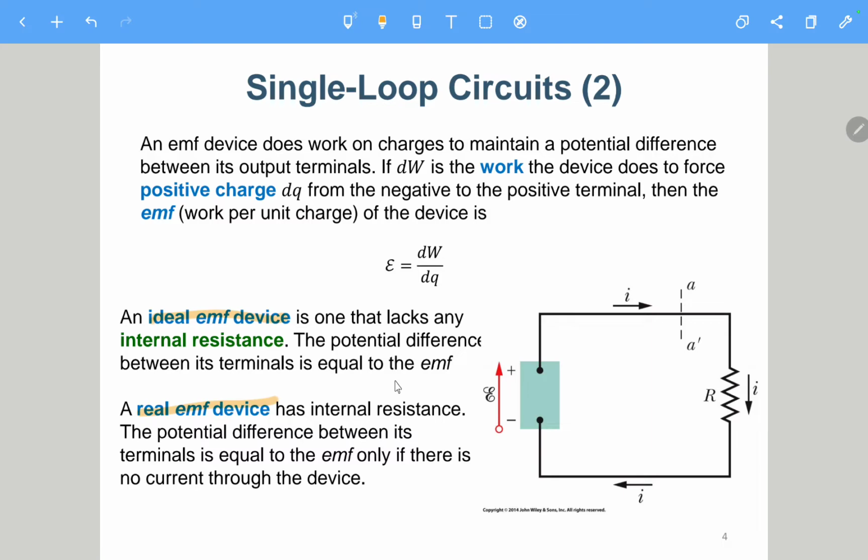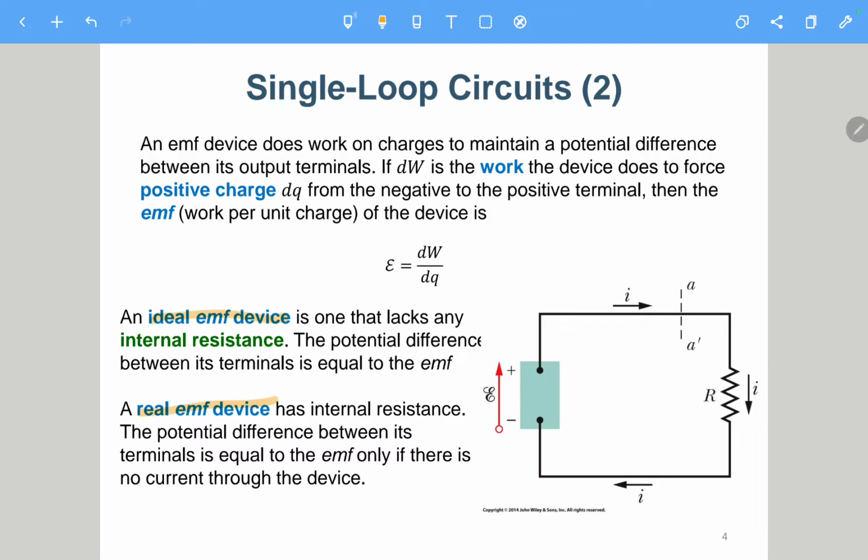For example, with your mobile phone, if it is fully charged, the battery has a higher voltage, but if you consume some of the electricity, then the voltage of your battery will decrease.